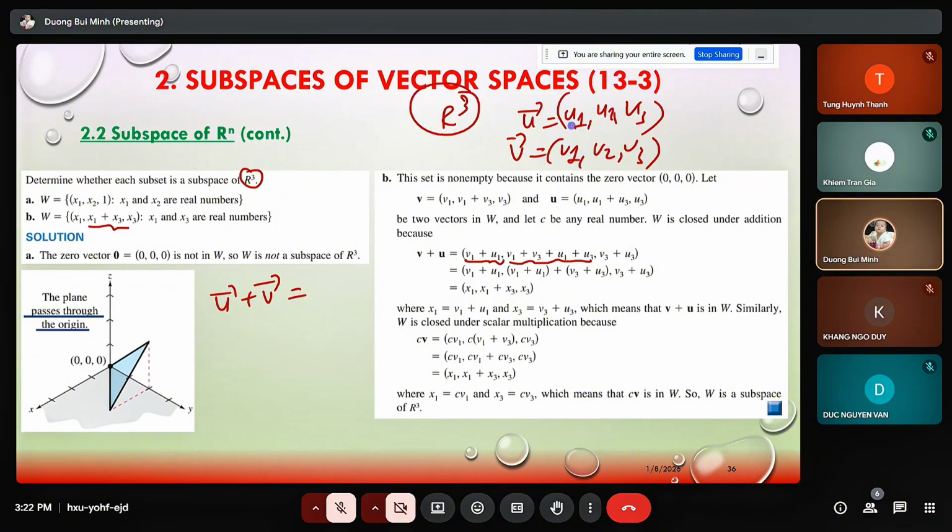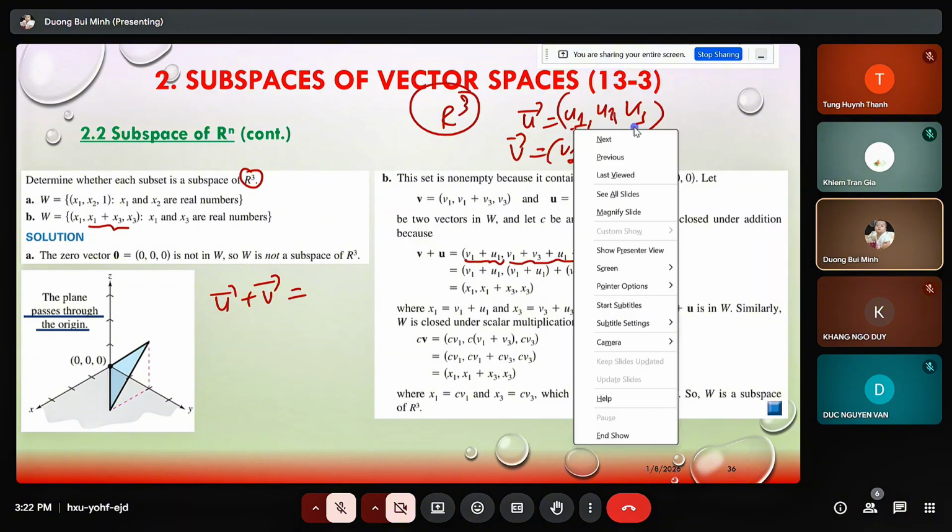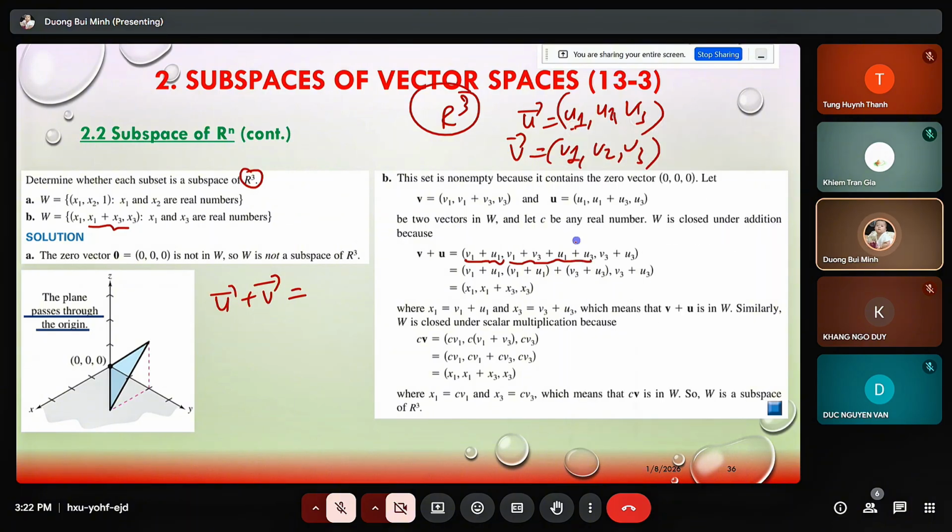That means U1 plus U3, V1 plus V3. Do you understand? And then the last element is x3. So when we take U plus V, you get U3 plus V3. So this one belongs to R3. Right? 1, 2, 3.